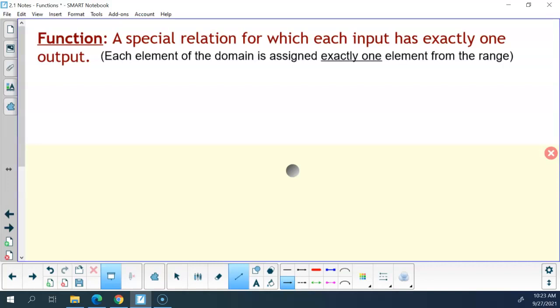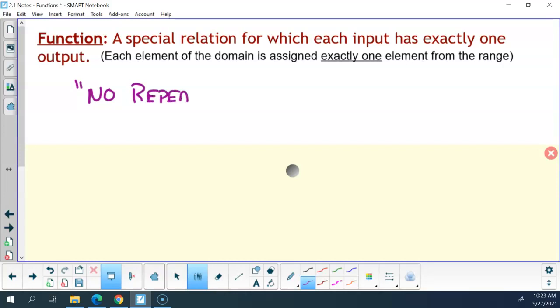For lack of a better wordage, it really means that there are no repeated domain values. That's what it is, that there are no repeats in the domain. Each domain has a different output.